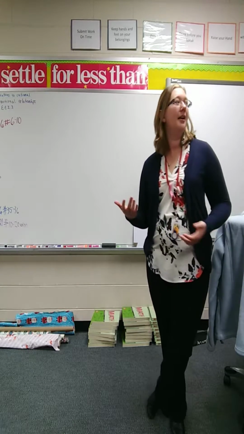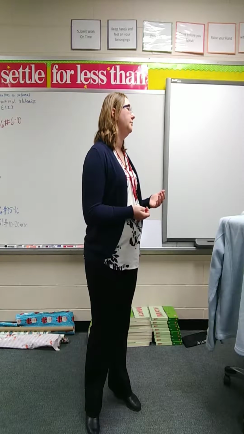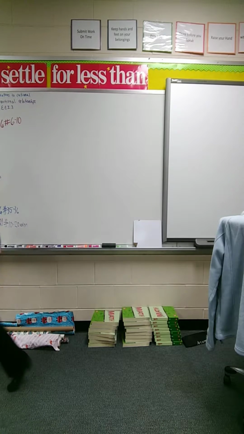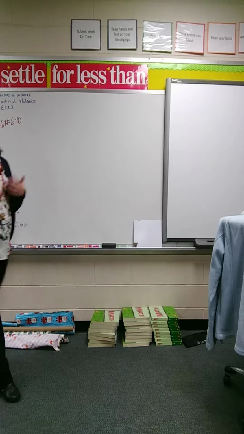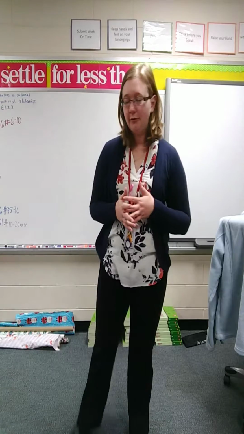We're going to go ahead and look in our book at example 1B. On page 218, it talks to you about vocabulary, and we've kind of become familiar with that vocabulary before.